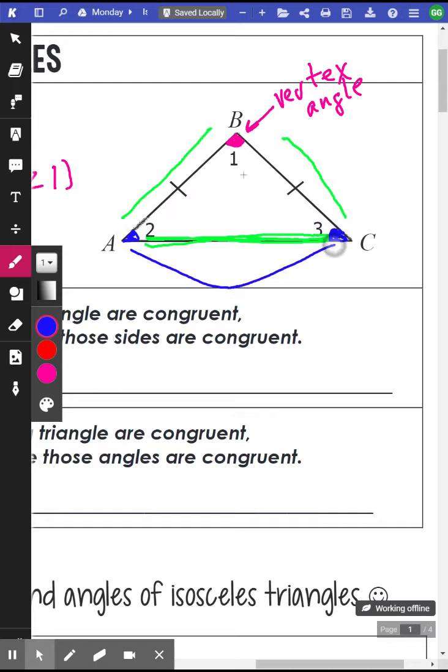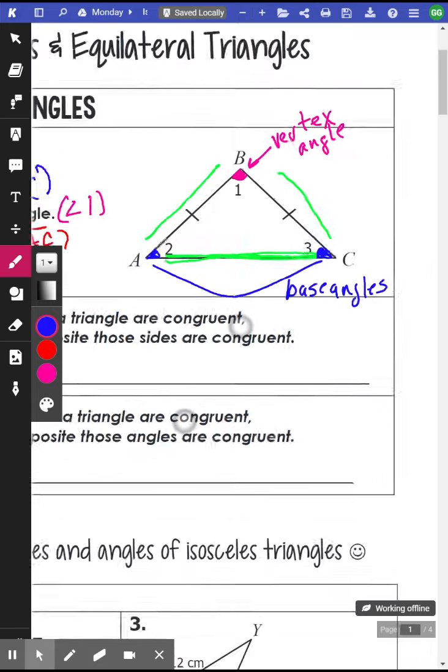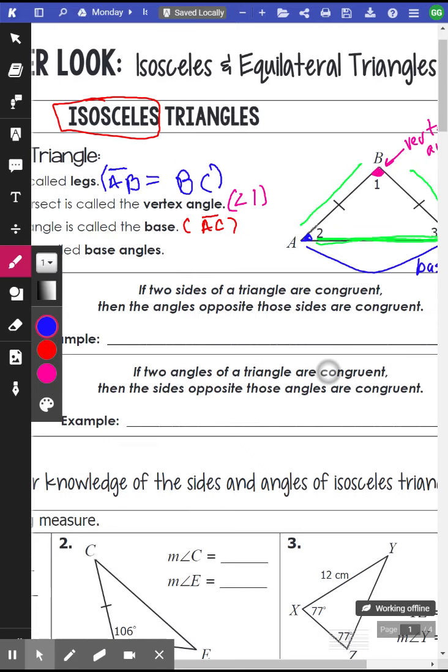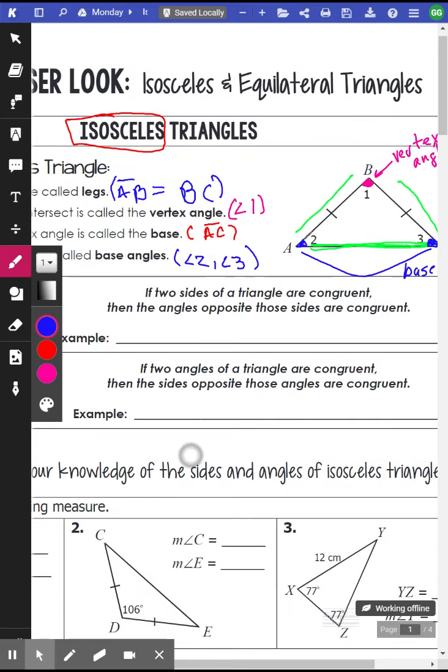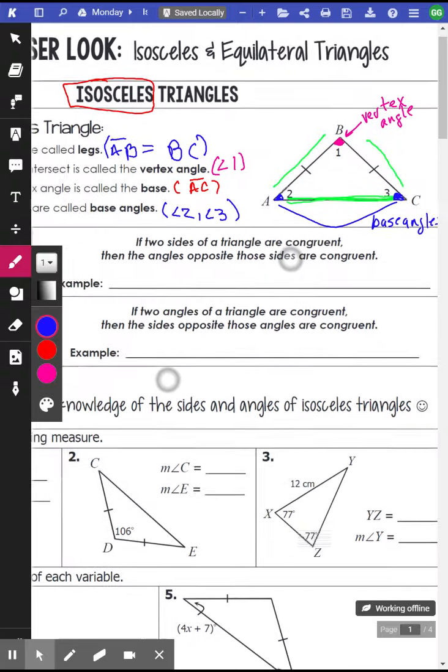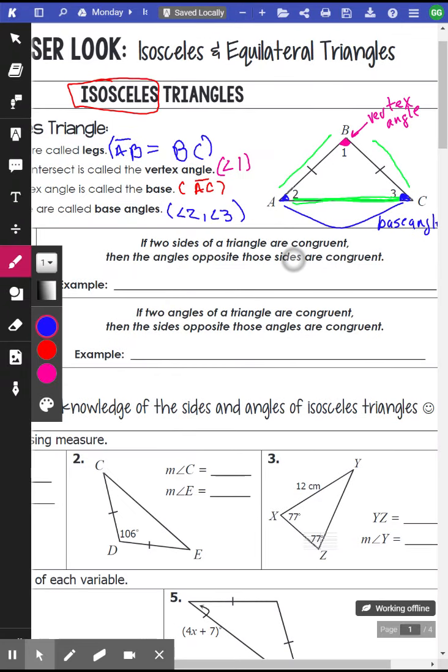These guys are called base angles. Okay, so those are the parts. We're going to use these parts, and it's going to be the most useful in the algebra problems you're going to be doing in a minute.